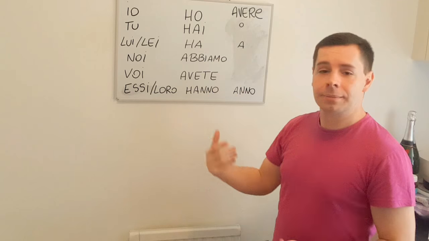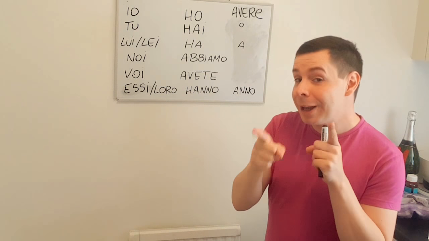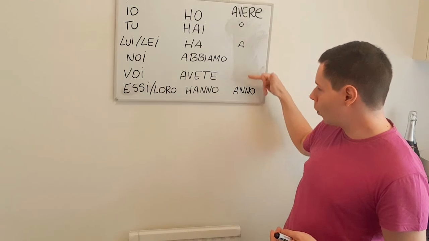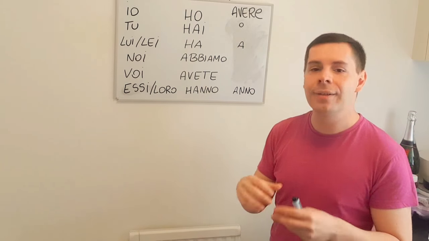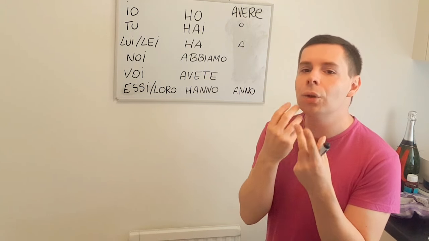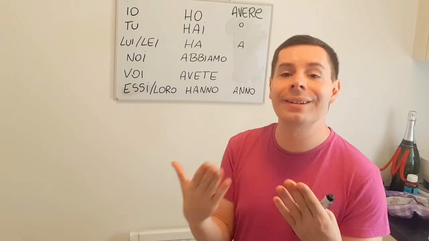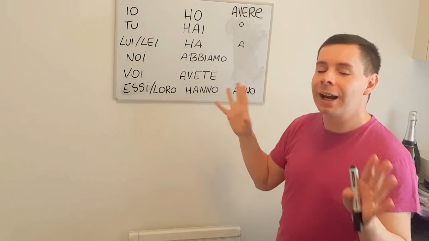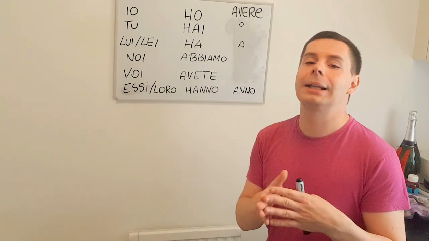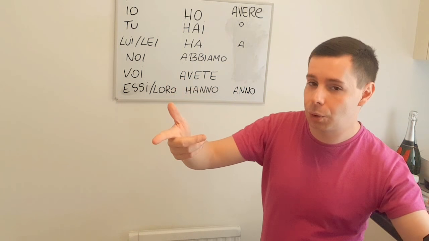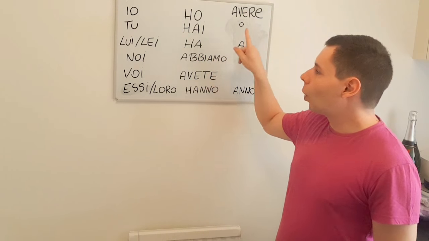So speaking, you don't see the difference. But the main problem is when you write, because these words have different meanings in writing. Also when you speak, but since you don't hear the H, you understand by the context. But in writing, there are mistakes that sometimes Italians make. I don't, but some do. What do I mean?